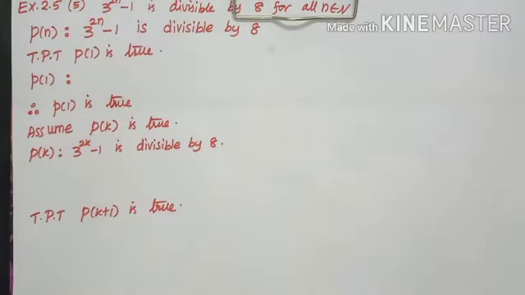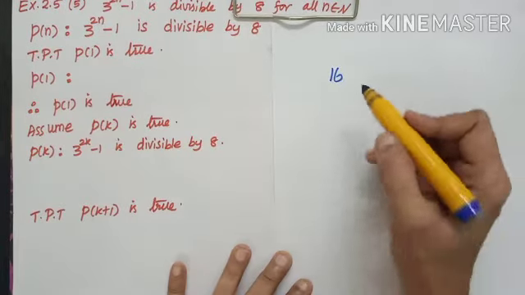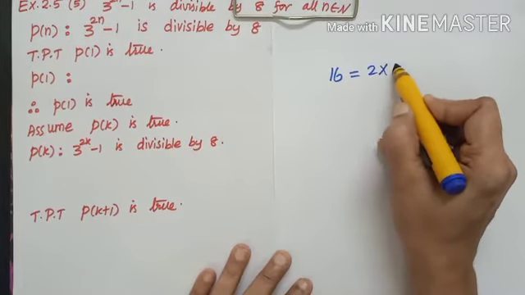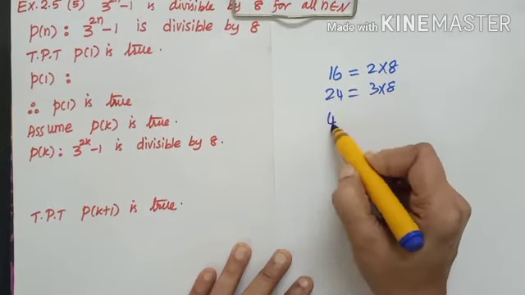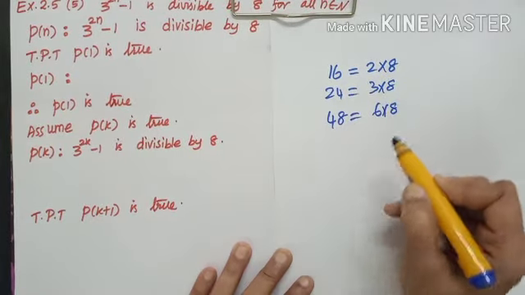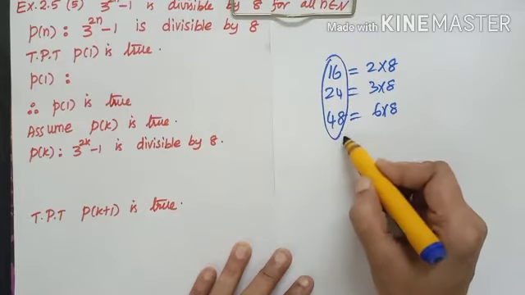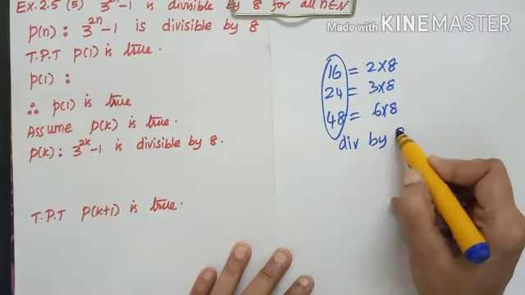First of all, what do we mean by the idea of divisible? Suppose I take 16. It can be written as 2 times 8, 24 is 3 times 8, 48 is 6 times 8. So all these I will say are divisible by 8.